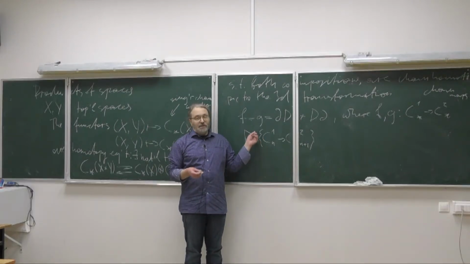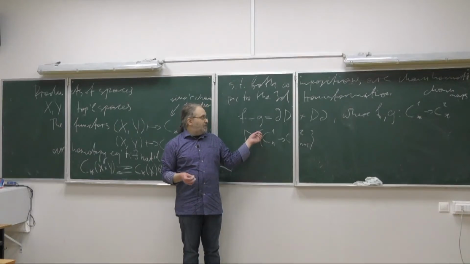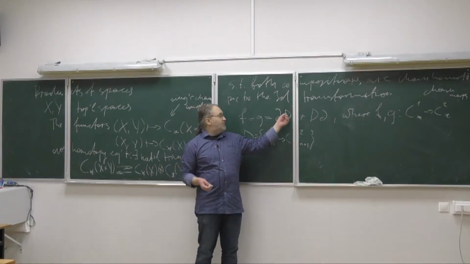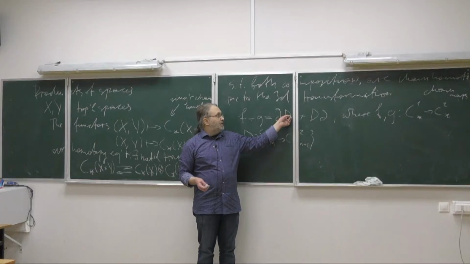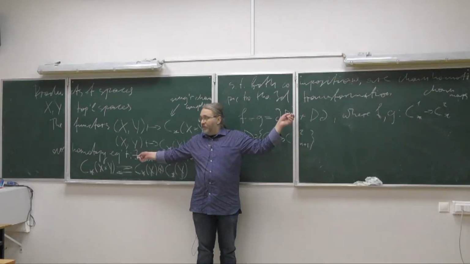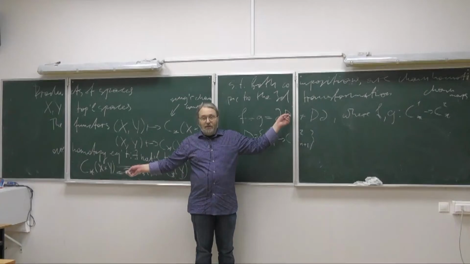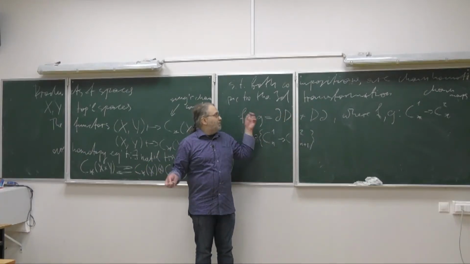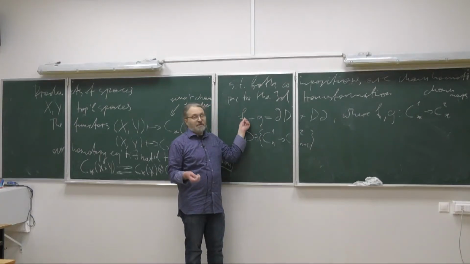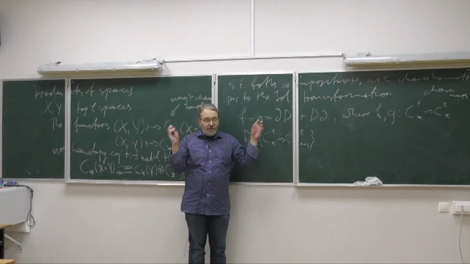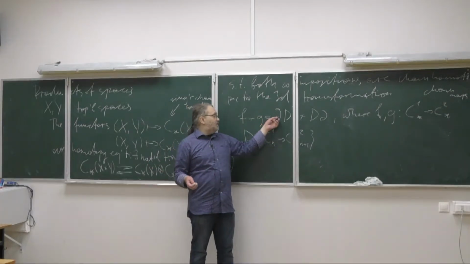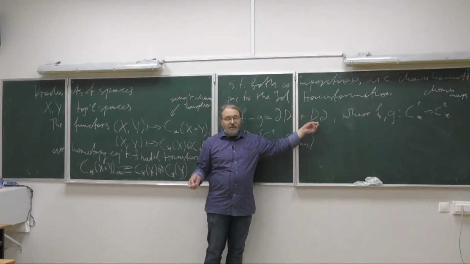In other words, suppose we were able to construct such a D for every couple X and Y. Well, first of all, F is the identity. G is some natural transformation. We don't yet know what it is. The difference is delta D plus D delta.